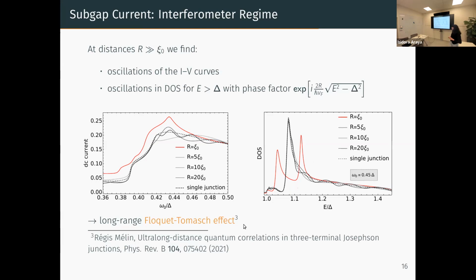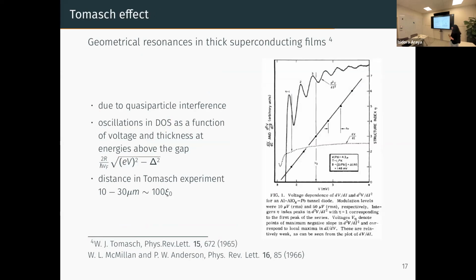I'm not the first one to say this. There's a previous paper that talks about this Floquet version of the Tomasch effect. Just in case you don't know what it is, it's an experiment done in the 60s by Tomasch.